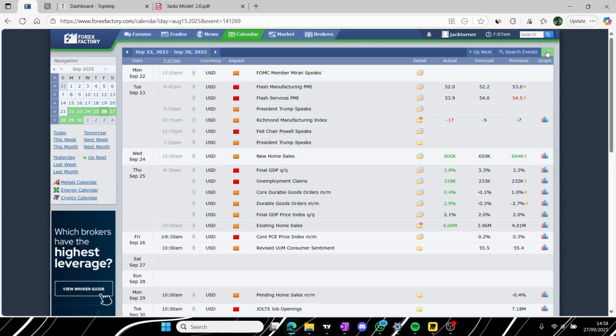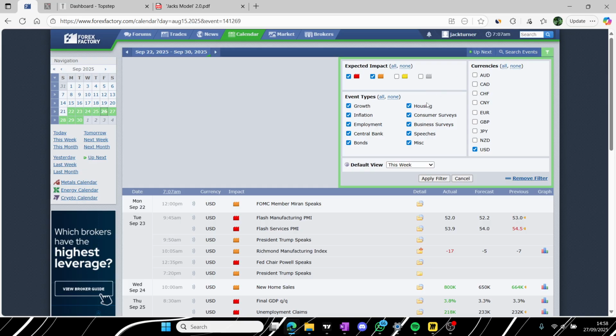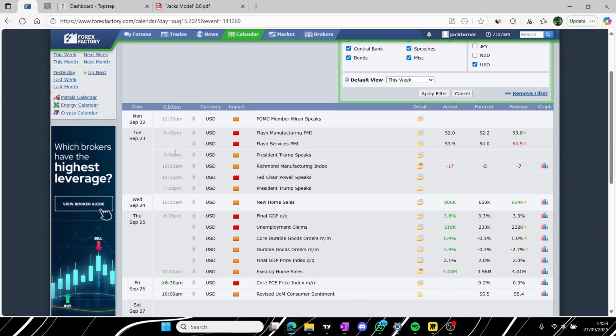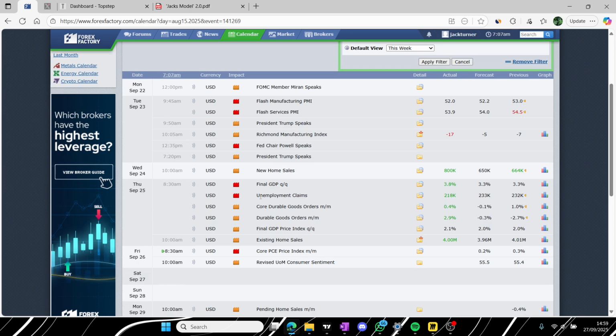Up here, what you want to have selected is only the USD currency, and high impact, which is the red folder, and medium impact, which is the orange folder. This will show you all the news that's going on. And what I do every Sunday, I look at the week ahead, see what times the news is dropping, and plan my trading around that.